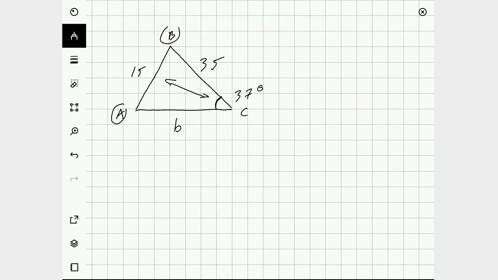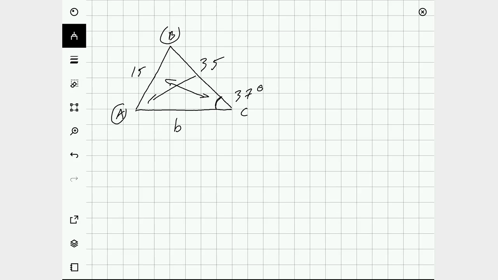The law of sines talks about the ratio of a side length to the sine of the angle opposite it. And so we have this nice pairing of side length and angle opposite it. We have another side length.